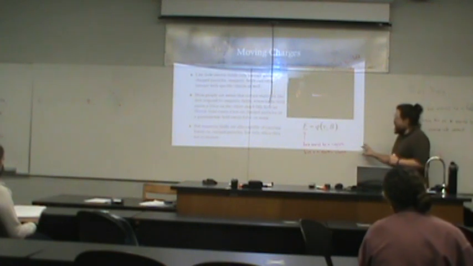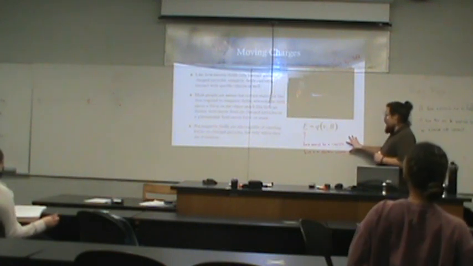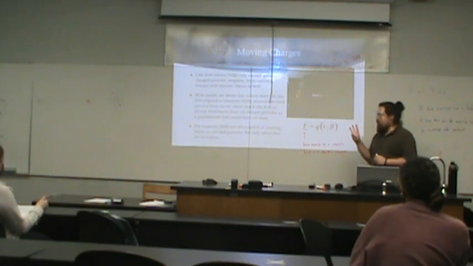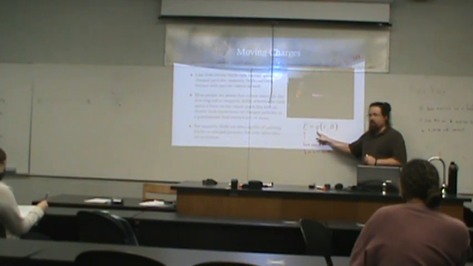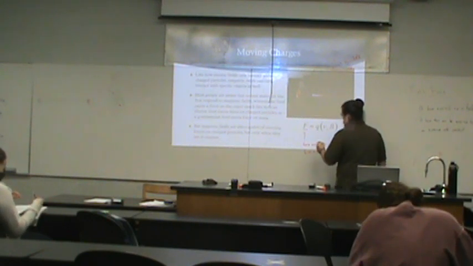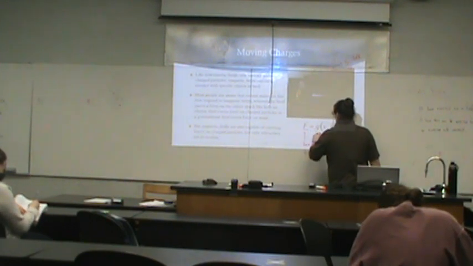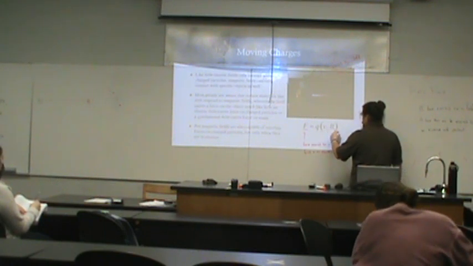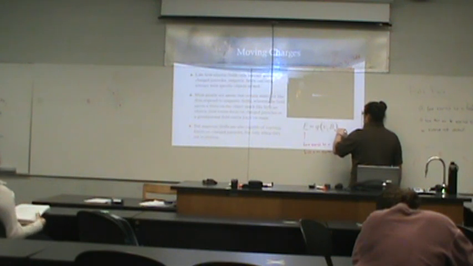So in order for a magnetic field to act on an electric charge, we need three things. First, we need a charge. Lowercase q is still charge measured in coulombs. B represents the magnetic field itself.